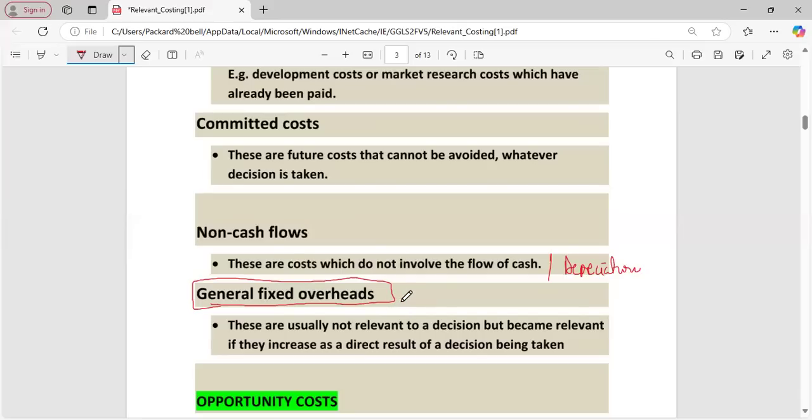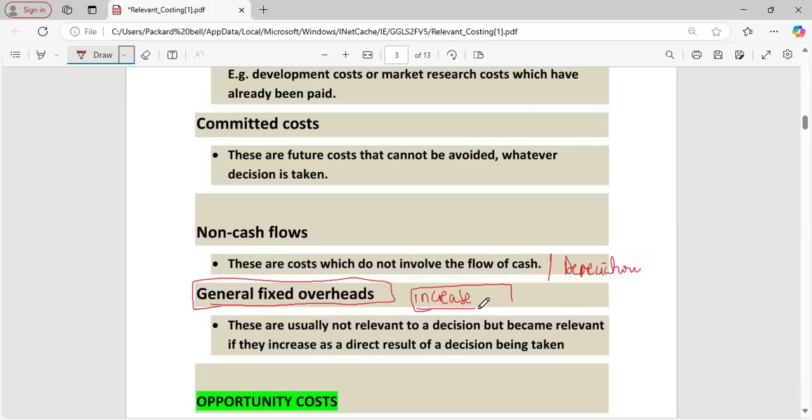When do they become relevant? If fixed costs are going to increase as a result of a decision being taken, then the part that is increased is going to be a relevant cost.